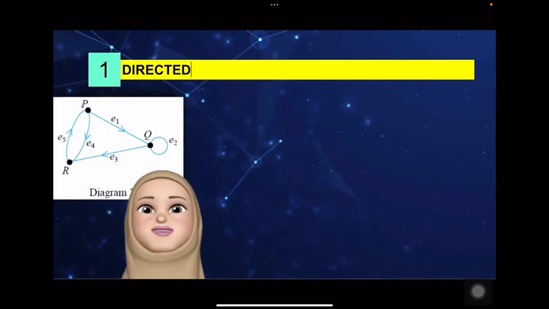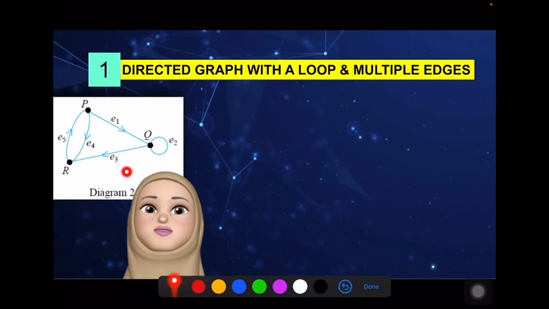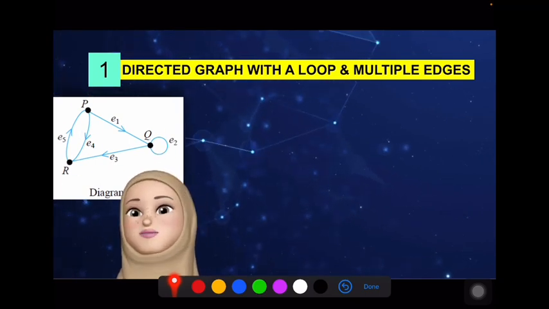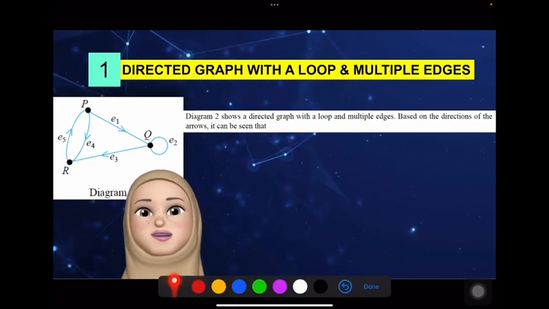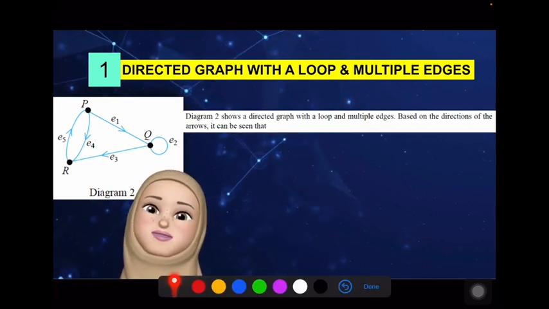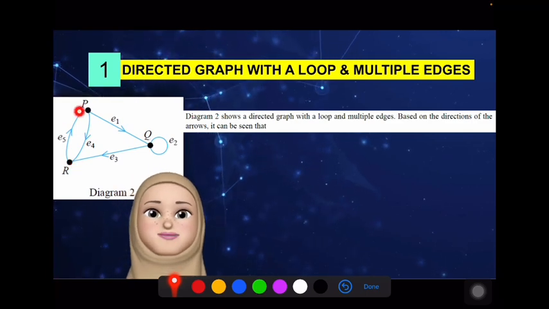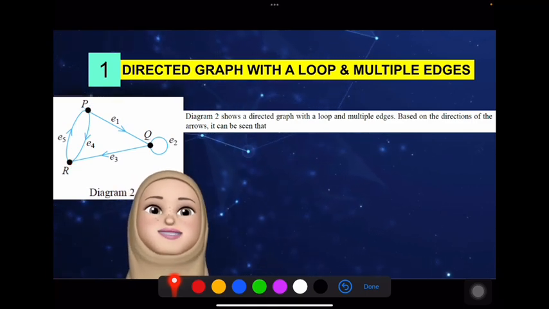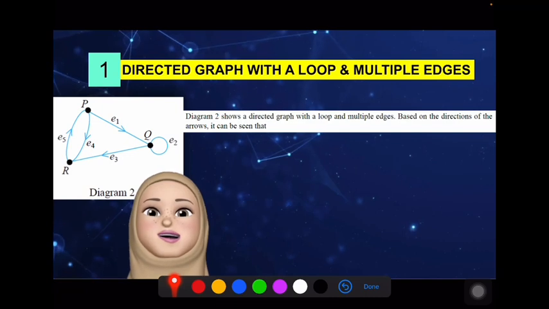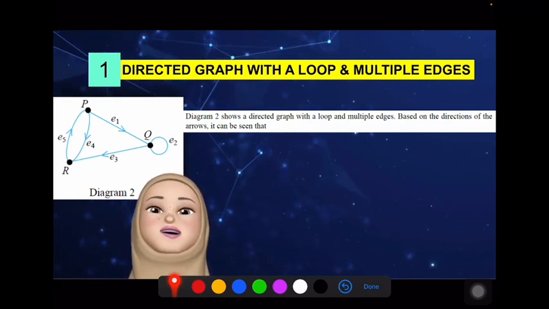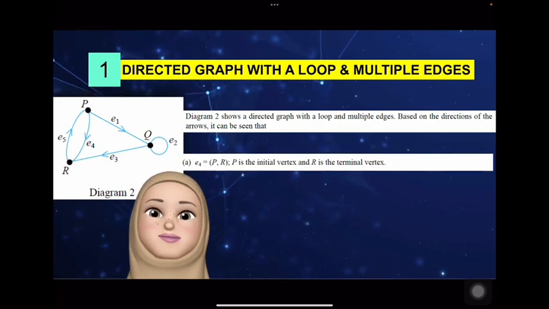As you can see in diagram 2, we have a directed graph with a loop and multiple edges. Based on the direction on the arrows, it can be seen that we have edge labeled with E4.